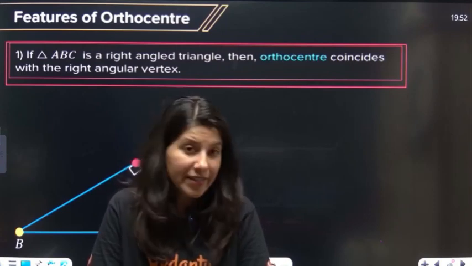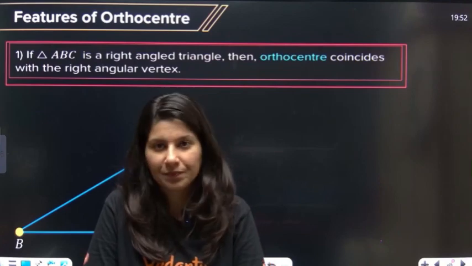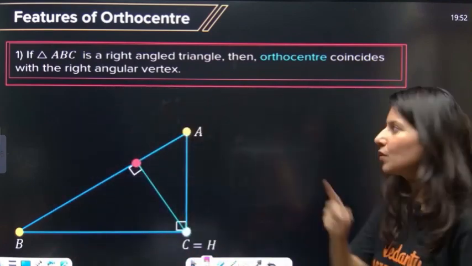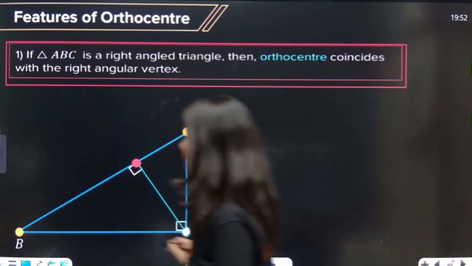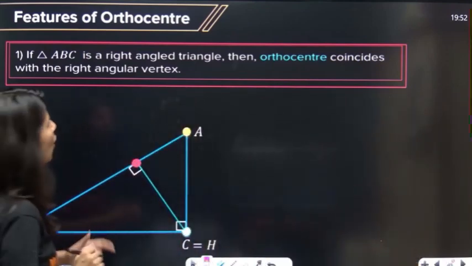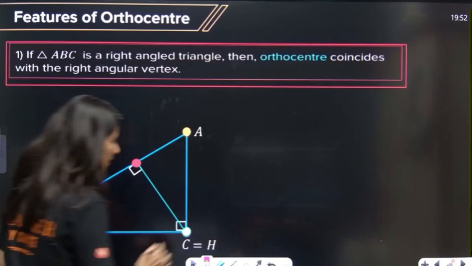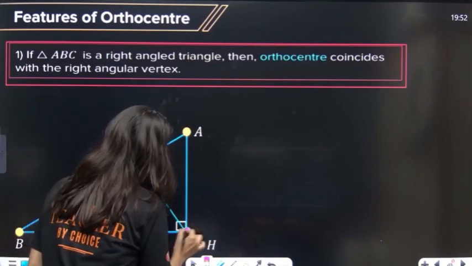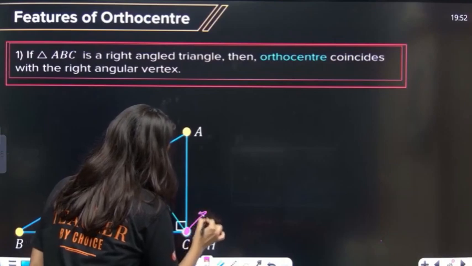O is already gone for origin. But I am going to represent it using O, just to keep in mind. Now, if at all you have a right angle triangle, then orthocenter is nothing but the vertex which is the right angle. C will be the orthocenter.